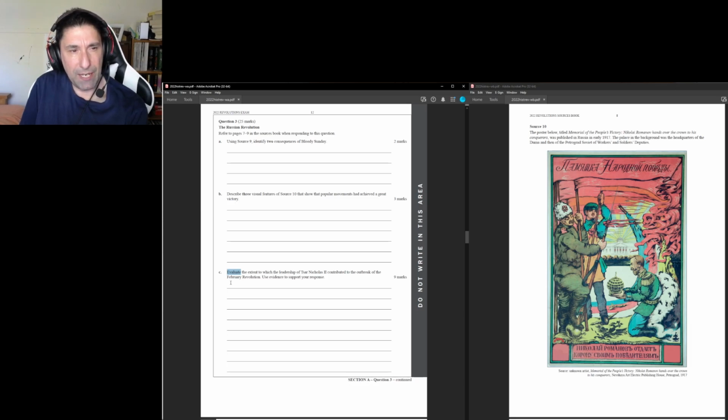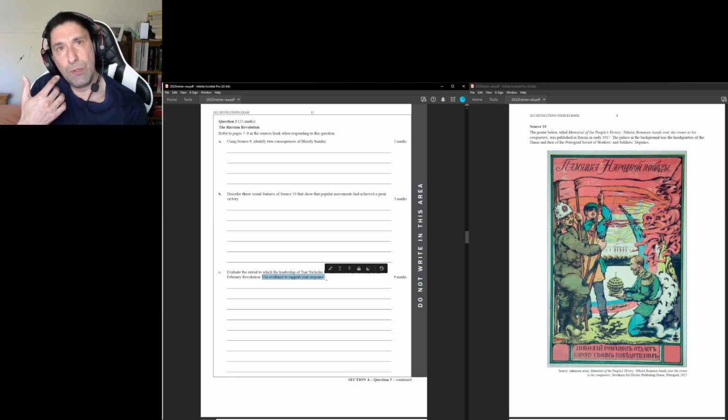Okay, let us keep going. Once you have done that, we have this part here, and it says you have to use evidence to support your response. So evidence is evidence from your own knowledge. This includes discussions of key policies, and inclusion of key quotes from the Tsar or the Tsarina or Rasputin. You could talk about ministerial leapfrogging, for example.